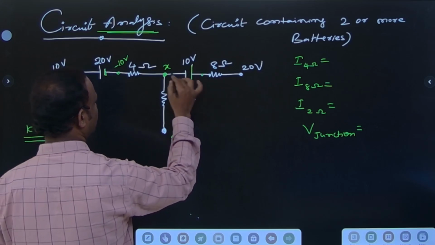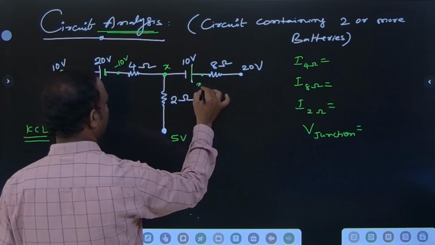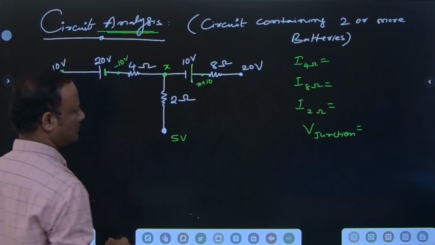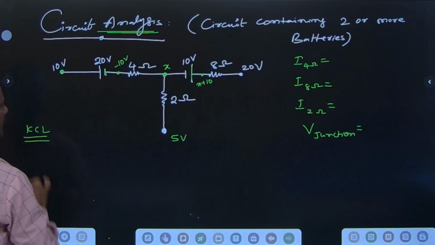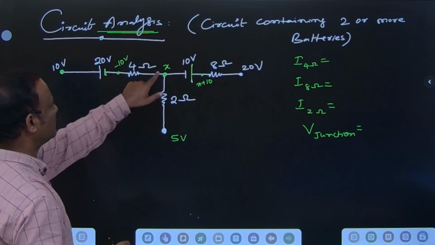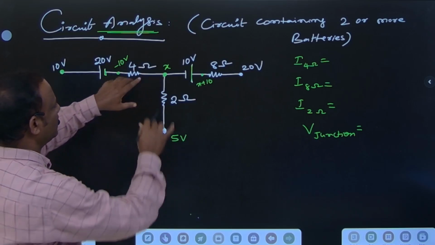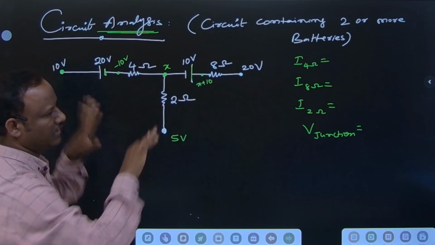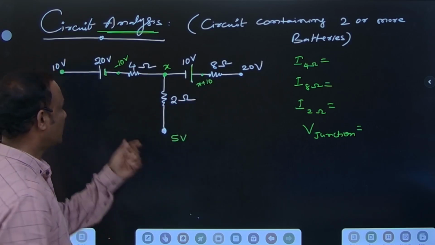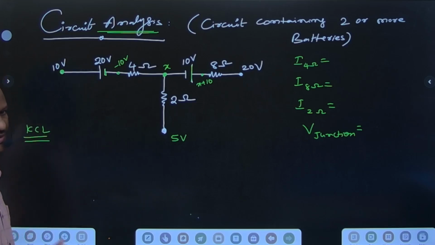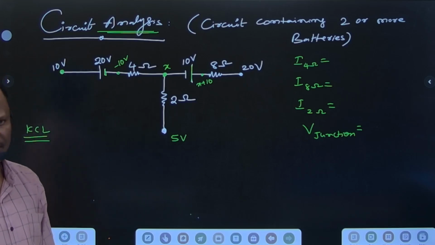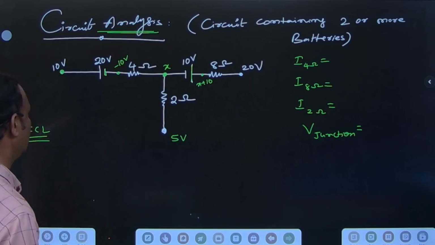Here potential is X plus 10. While applying KCL, think that this is the point from which all the currents are moving away. Sometimes current will be towards here, and you may get a negative sign. Negative sign means our assumption is wrong, and the direction will be changed.